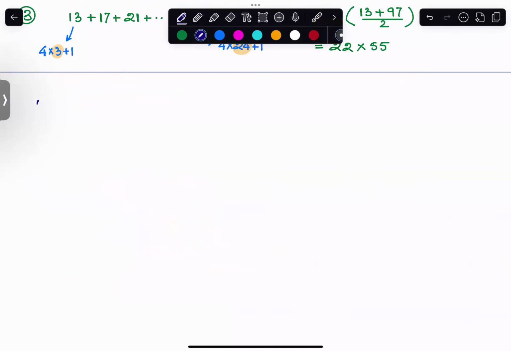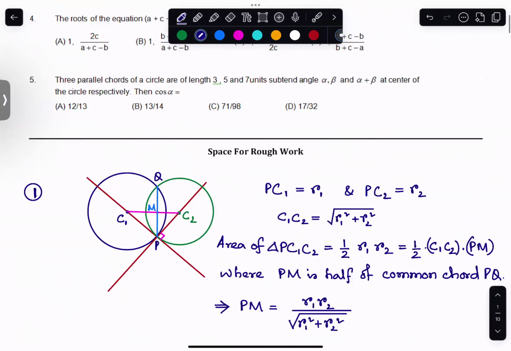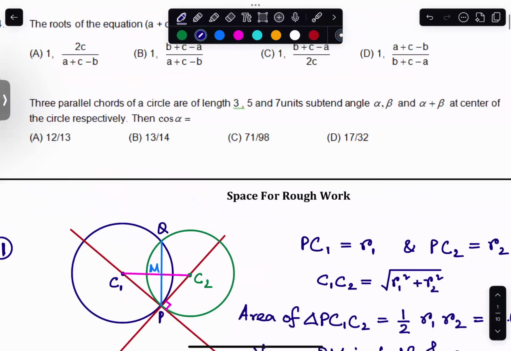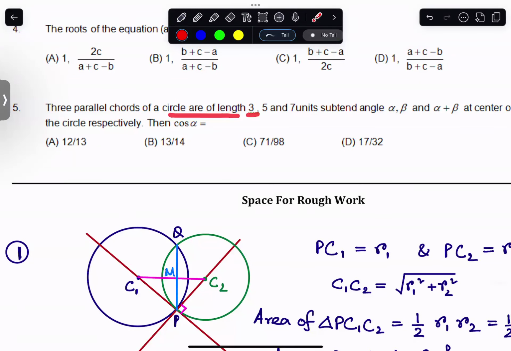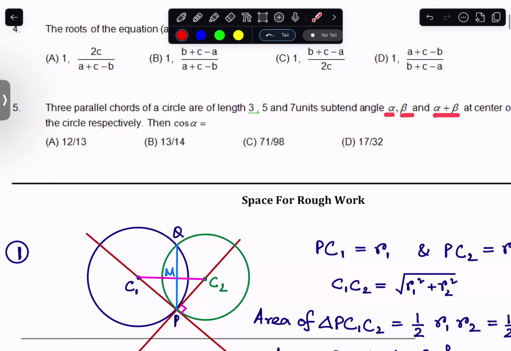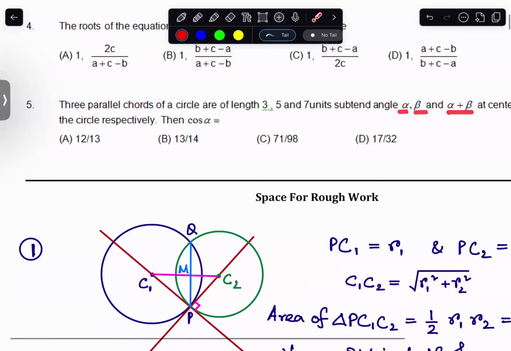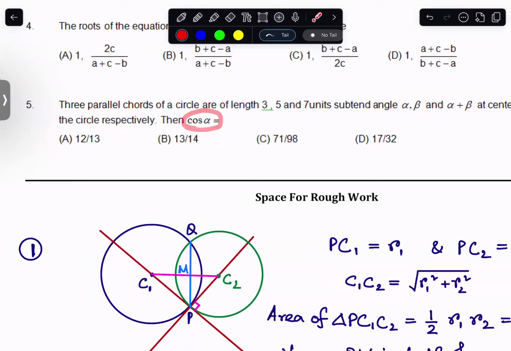Okay. For question number 5, it asks: 3 parallel chords of a circle are of length 3, 5, and 7 units, and they are subtending angles alpha, beta, and alpha plus beta at the center. You need to find cos alpha. Now, the first thing to identify: the angle subtension of a chord for a circle does not require any specific positioning.